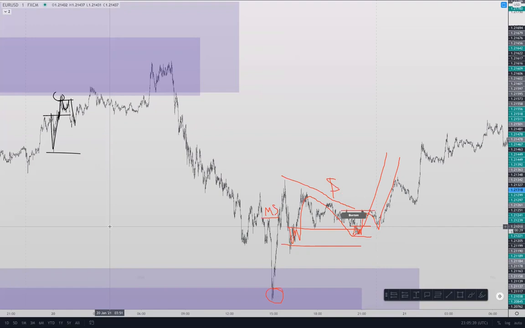We create more liquidity for higher prices, and again, watch how prices create liquidity for lower prices for something in the future. So that's why we say every single move in the market has its reasons. You just need to understand what's actually happening on both sides, so that you can have something to aim for after we get a mitigation on a higher time frame. And that's literally it.